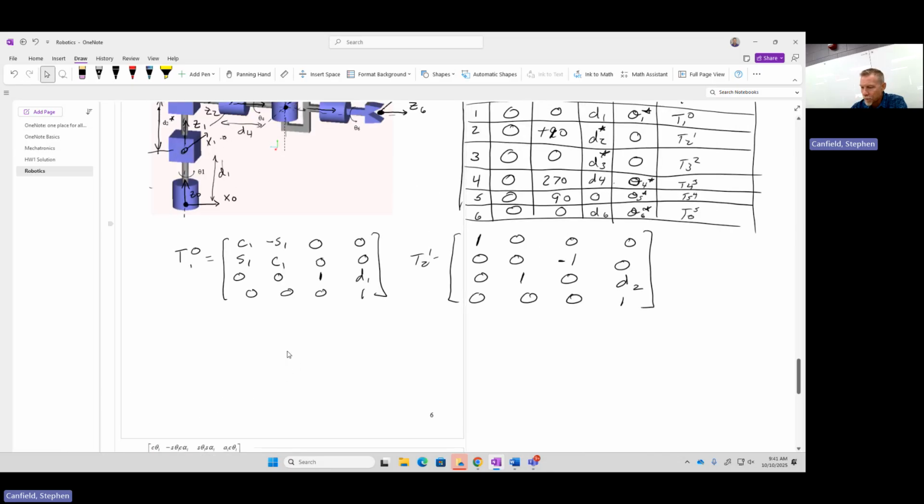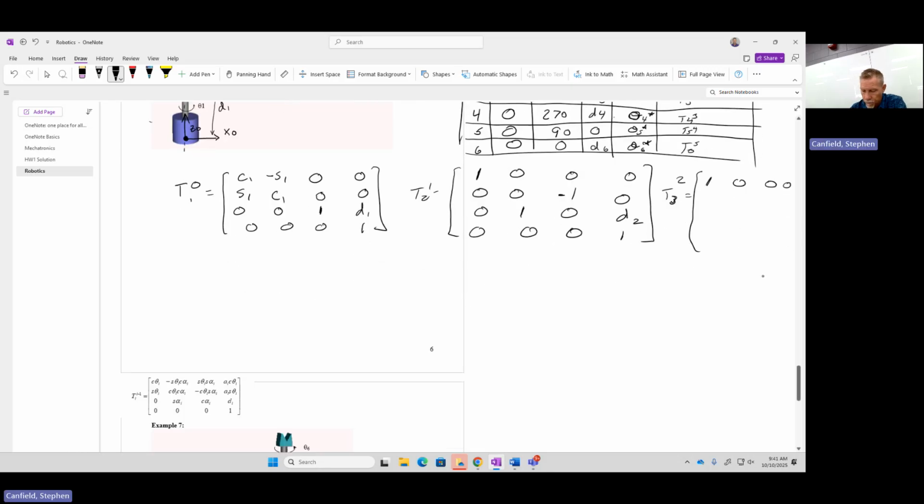And they keep going. Going to do the same for T3, 2. Okay, T3, 2, now I've got theta 3 is 0 and sine of theta 3 is 0. So I get 1, 0, 0, and then 0.